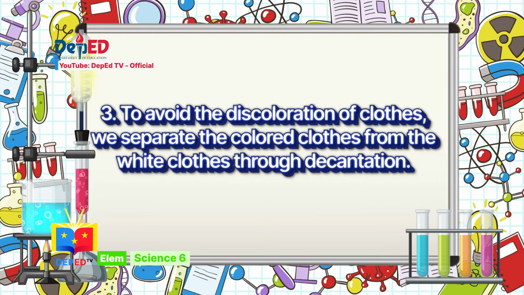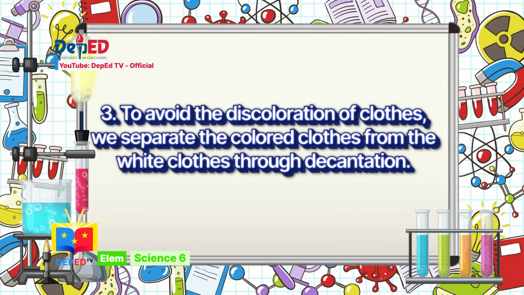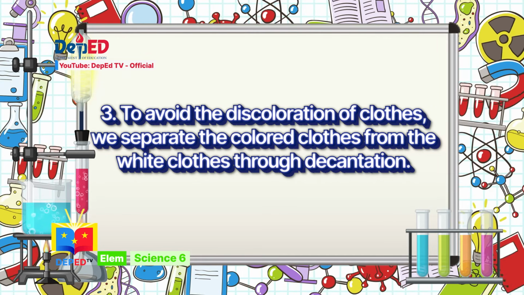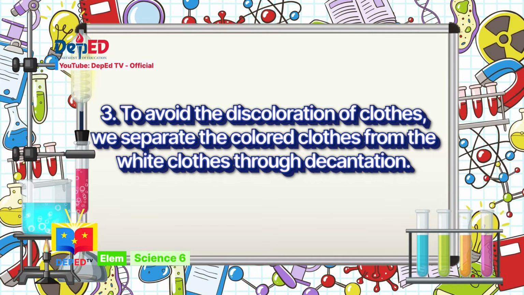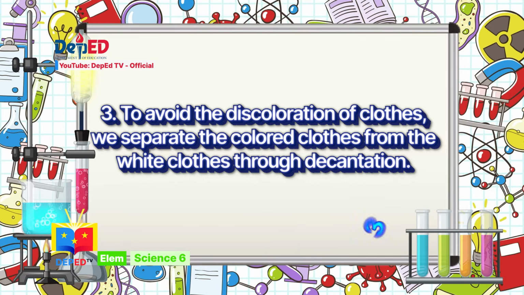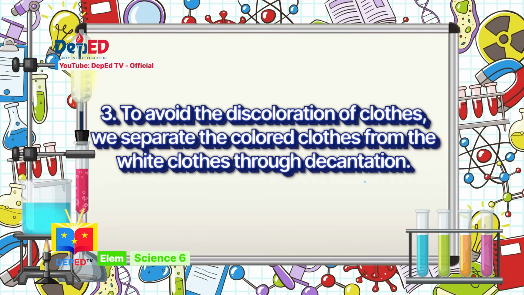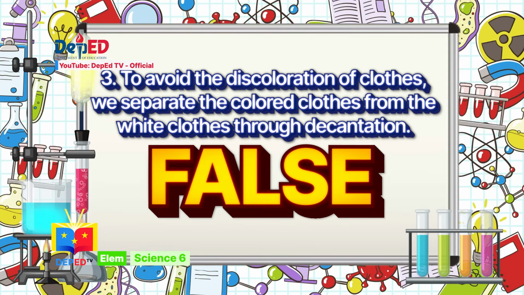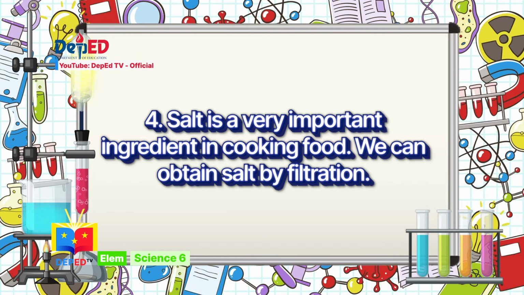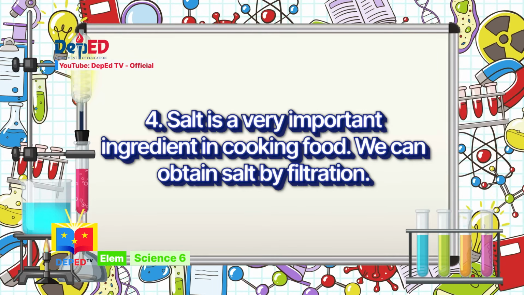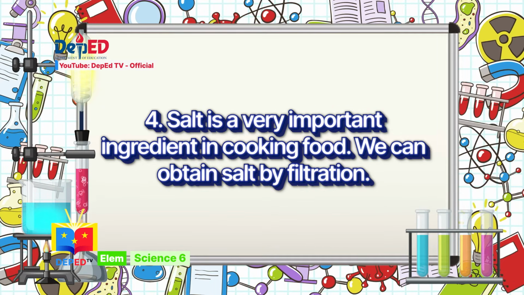Number 3. To avoid the discoloration of clothes, we separate the colored clothes from the white clothes through decantation. The correct answer is false. Number 4. Salt is a very important ingredient in cooking food.